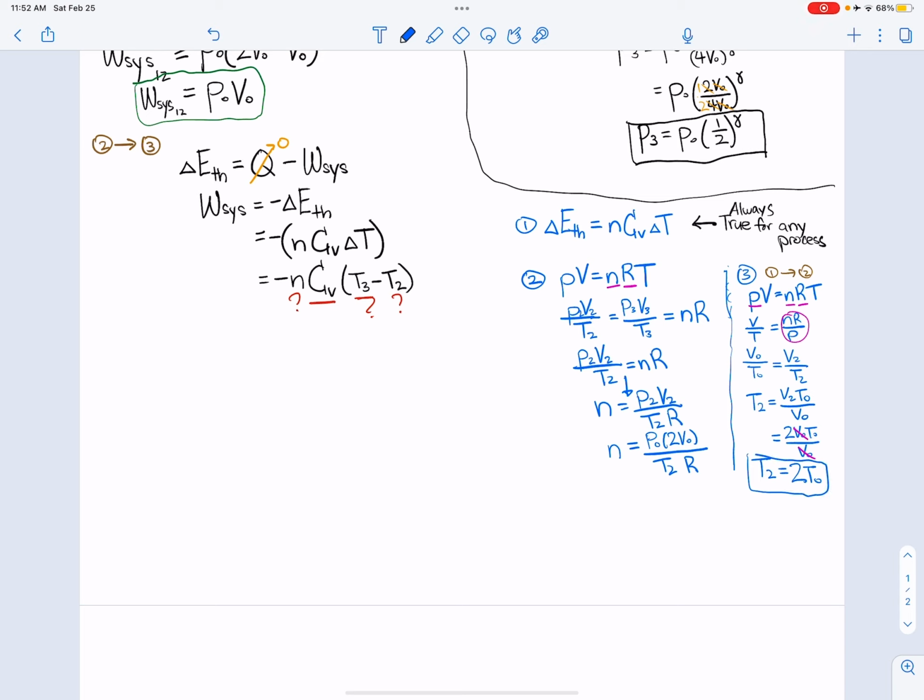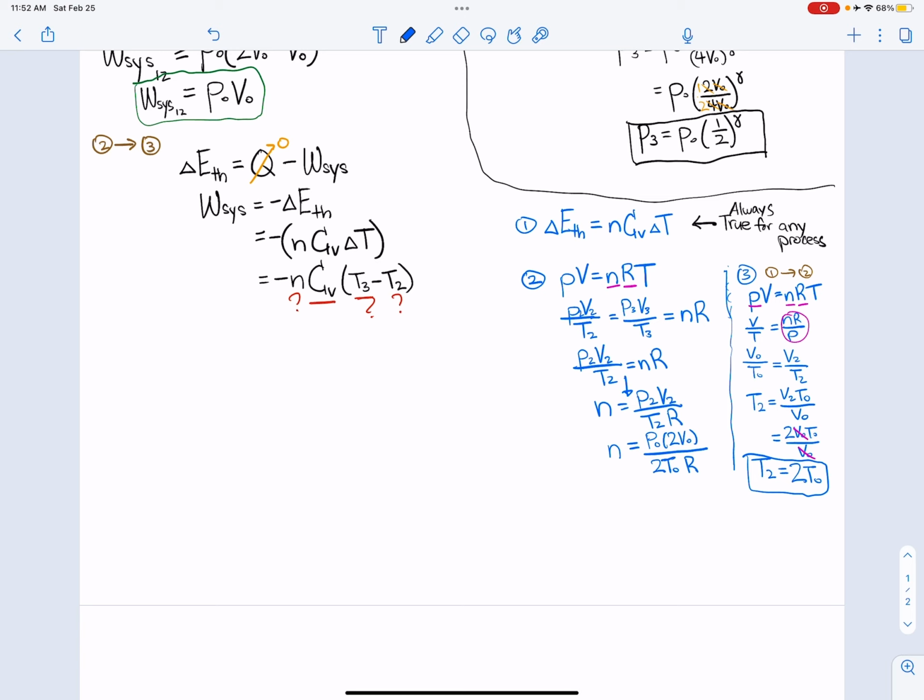Okay. So I could plug that back into our second side mission. And instead of using this T2 right here, I'm going to use 2 T naught. That way, my answers are all in the given values, P naught, V naught, and T naught.